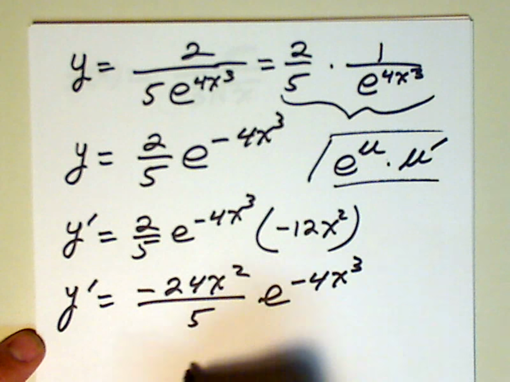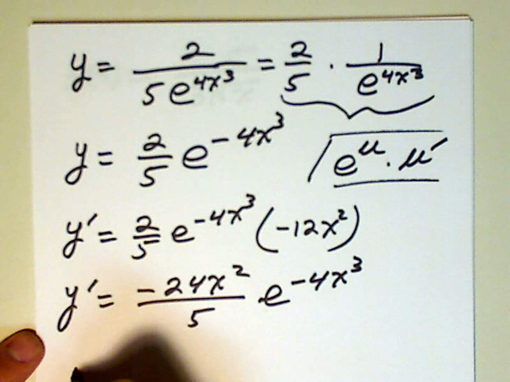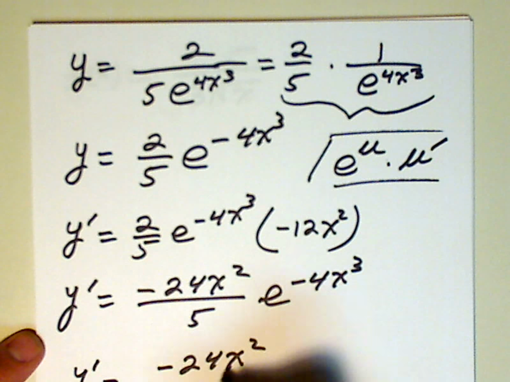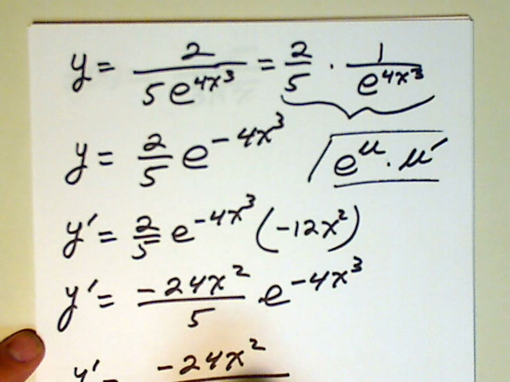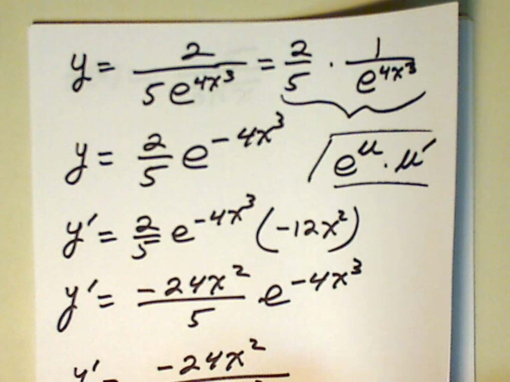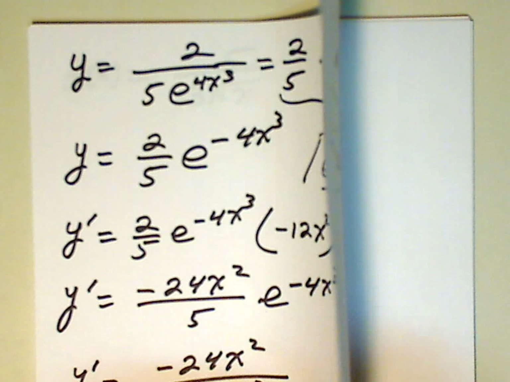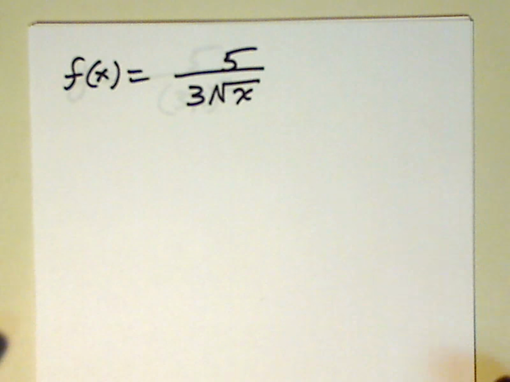Now we're going to move e to the negative 4x cubed into the denominator. So y prime is equal to negative 24x squared over 5e to the, I almost did it myself, 4x cubed. And that's it. We're all finished with this particular differentiation. Okay, let's move on to the next one.